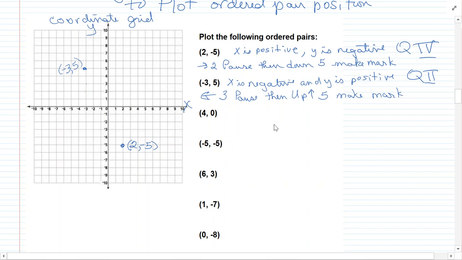All right. So here we have 4, 0. So x is positive. And y is no, oops, I better put a no, it looks like an M. No change. So I'm going to go to the 4, to the right. 1, 2, 3, 4, and no movement of y.